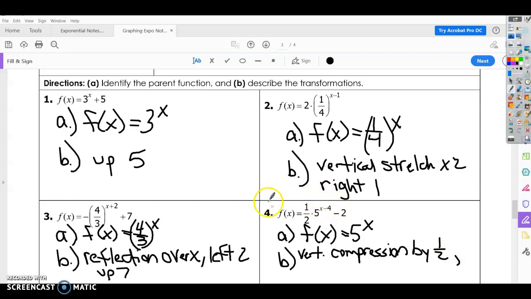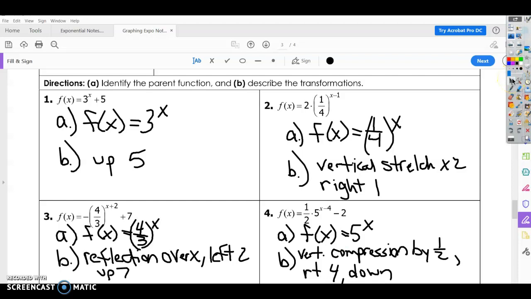And then this negative 4 is going to move us right 4 and down 2. Okay, so each one of these numbers makes the transformation, it makes the graph shift in a direction. So now let's look and see how that works visually.